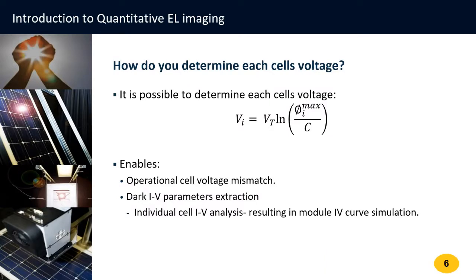Now this allows you to extract, at least in the dark, each individual cell's voltage with the current and therefore determine their dark IV curve, and that will allow us, particularly in this case, to determine each individual cell's dark IV electrical characteristics, and that can result in determining the whole module's IV curve even in the light when you simulate it.